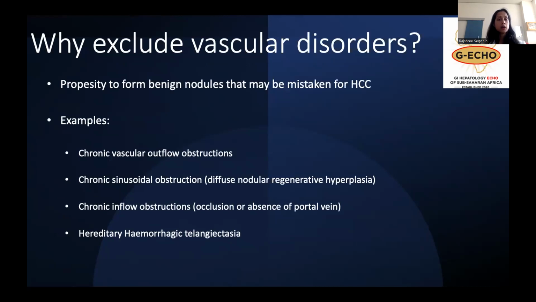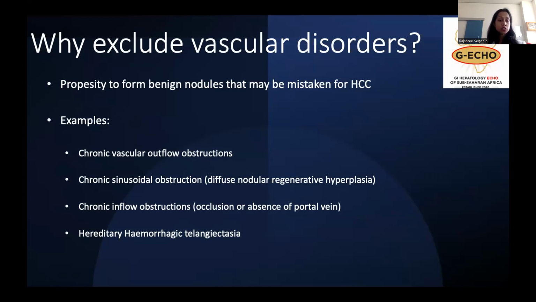But as I mentioned, some cirrhotic livers have been excluded in the LIRADS criteria, and these are vascular disorders with a propensity to form benign nodules that can be mistaken for HCC. For example, chronic vascular outflow obstruction scenarios, for instance, in the setting of congestive cardiac failure, or Budd-Chiari.